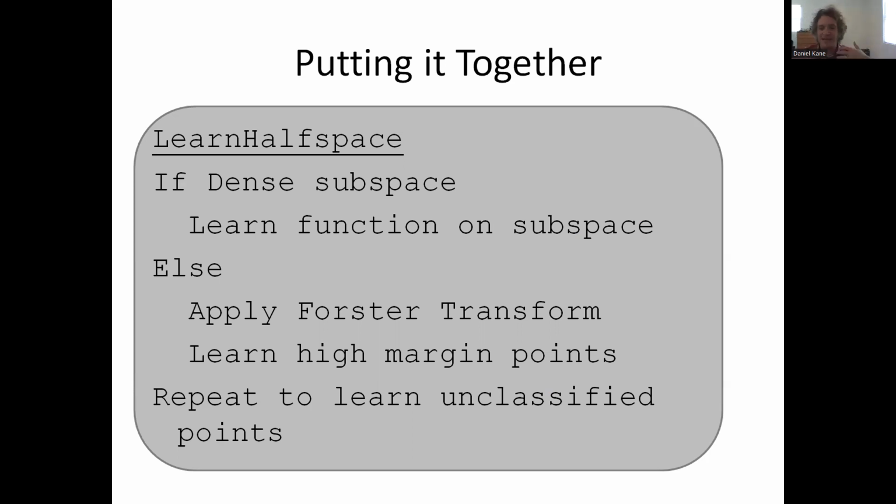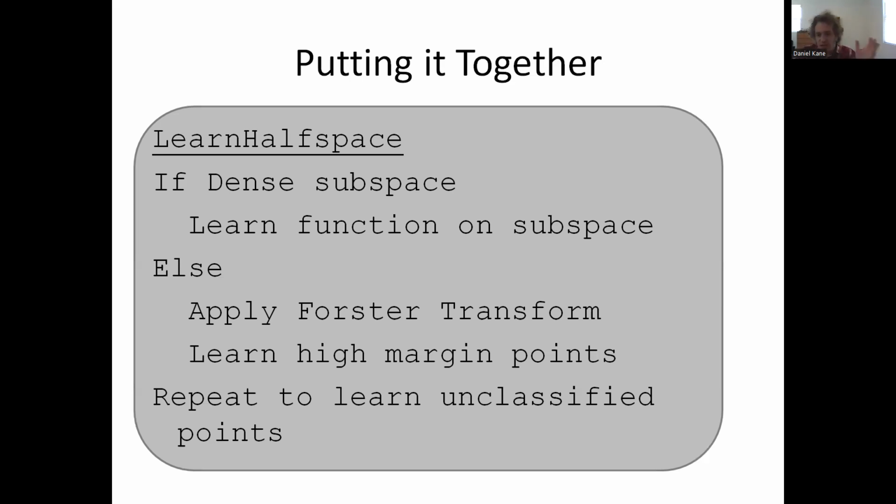But then you can just repeat this on the unclassified points. Every time you run this, you learn a good approximation to your half space on something like a 1 over d fraction of points. And so you run it polynomially many times until you've correctly classified almost everything.